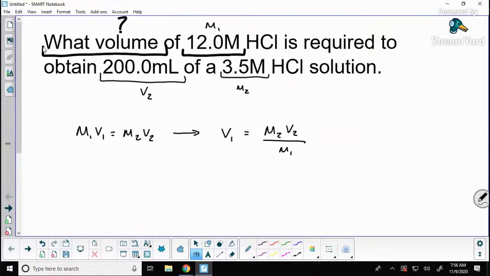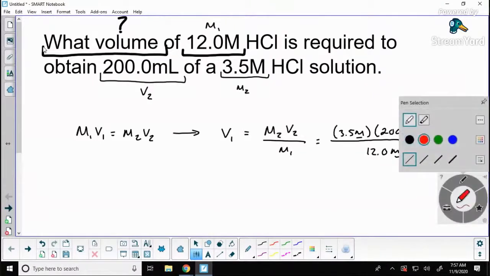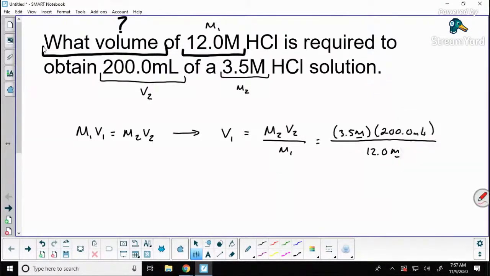So I'm going to grab my calculator and substitute in the values. M2 is 3.5 molar, V2 is 200.0 milliliters, over my initial molarity of 12.0 molar. The reason I do not have to change to liters is because the units of molarity will cancel out and leave me in milliliters.